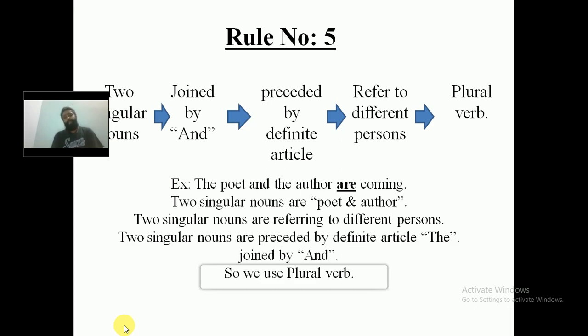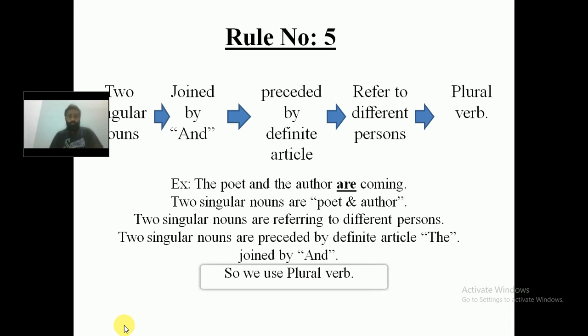The poet and the author are coming. Two singular nouns, poet and author, joined by the word and, preceded by the definite article the, referring to different persons, we are using the plural verb.